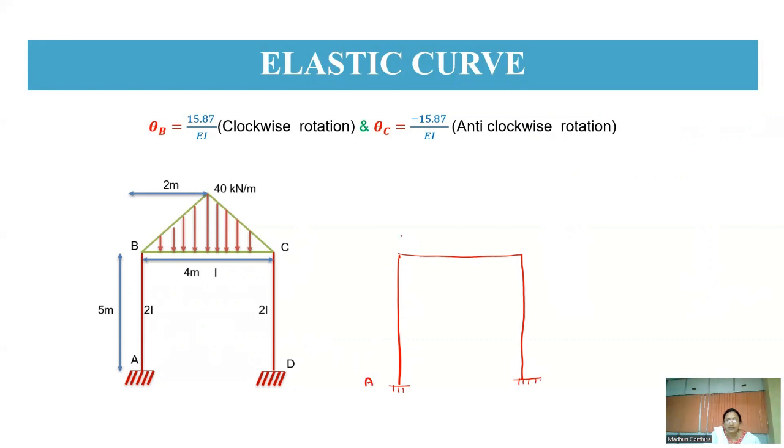So this is your A, B, C, and D. If you just draw like this, and draw a tangent like this, this is becoming an anti-clockwise direction. So I'm going to draw in this way.